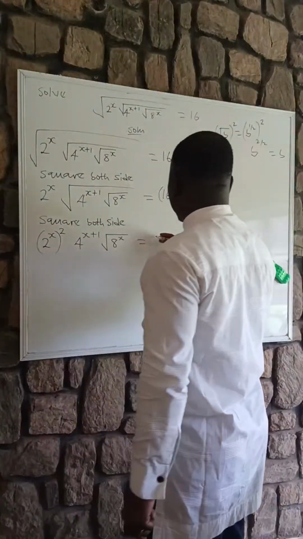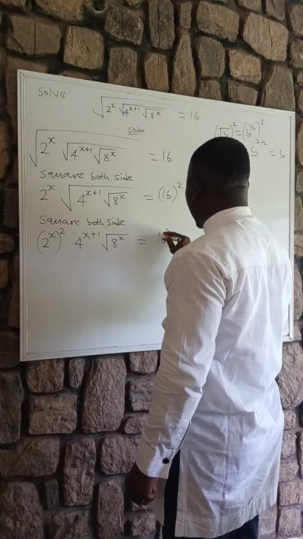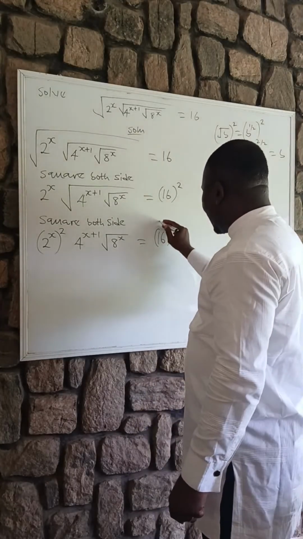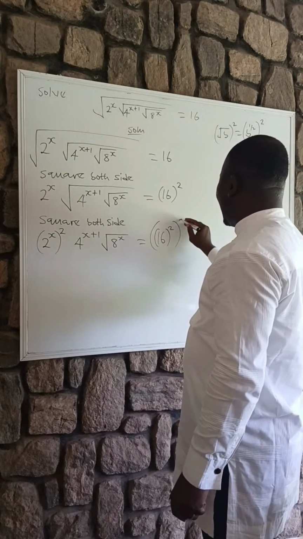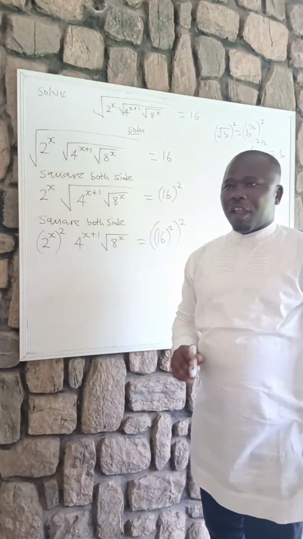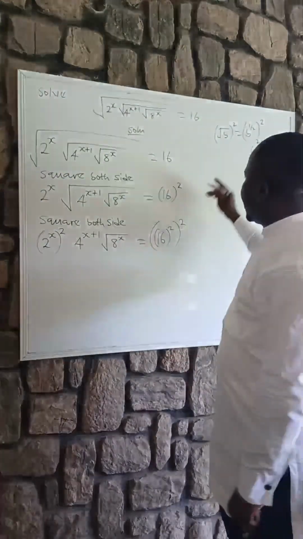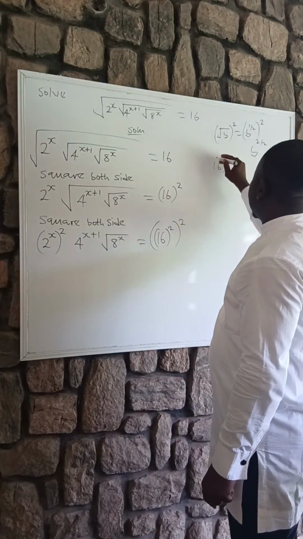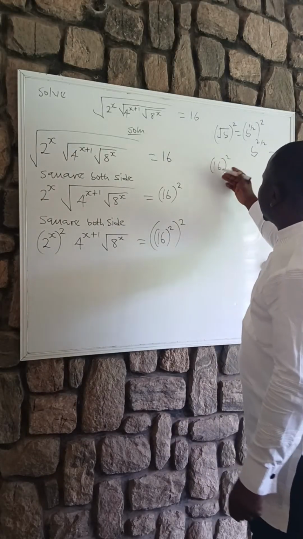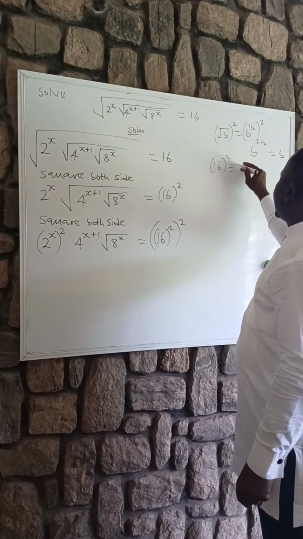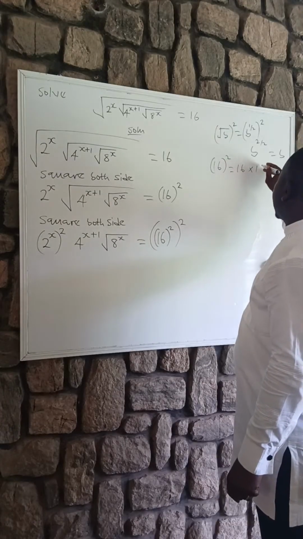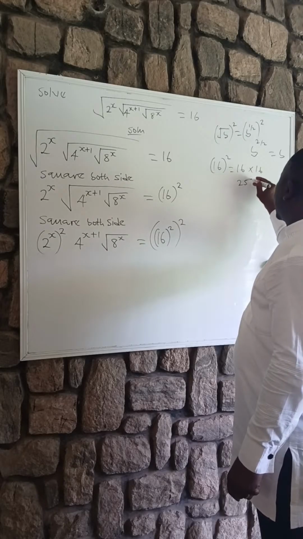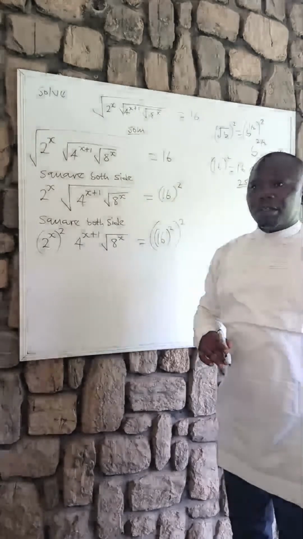It means we are going to leave it in this form, 16 all in square, then open another bracket, all in square again. Because if we don't do it this way, 16 raised to power 2 means 16 times 16, which is 256, right? It's going to give us 256.